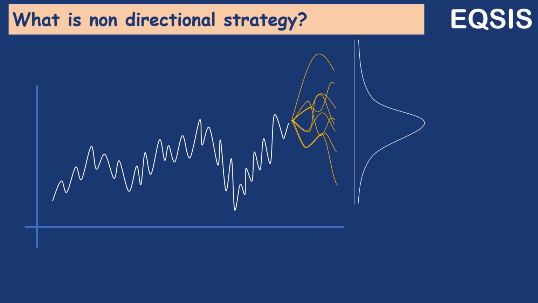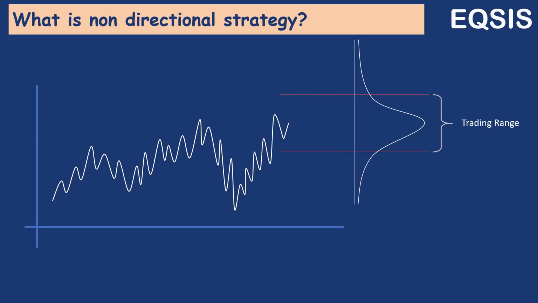When you understand this, you get to know how to define the trading range, because most of the time the markets will settle towards the current level, not much of a move. Of course, there is a tail risk which I will come back to later, but if you're not able to understand this slide, don't worry much, because I have some working examples which make it a lot easier for you to understand. So as I move forward, I can help you understand this.